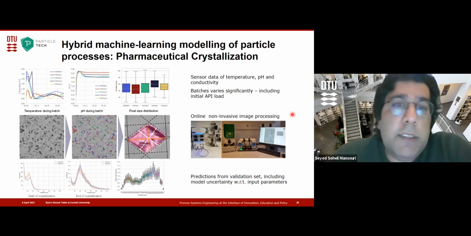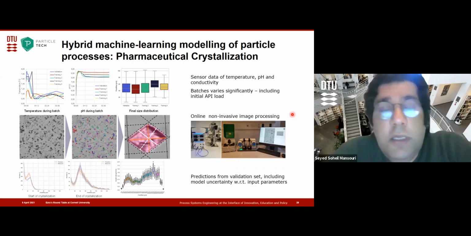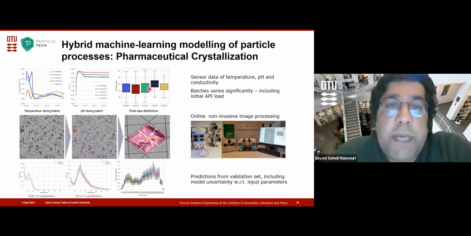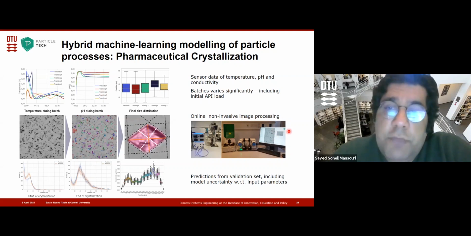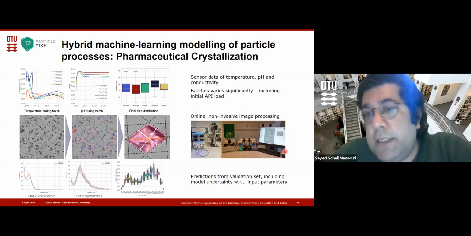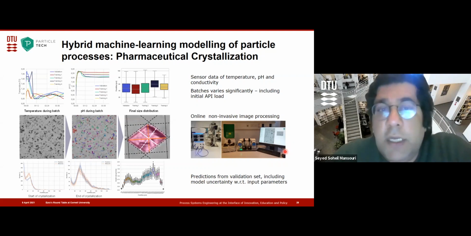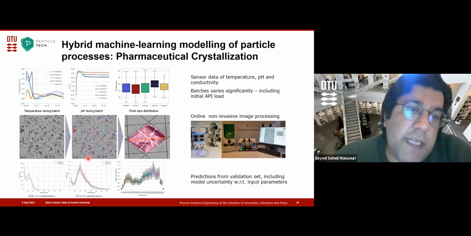This case was a full-scale industrial antibiotic crystallization for a major Danish company. As you can see here, the batches had very different properties. They also had very different conditions during the batch operation. So what we did here, we used a non-invasive measurement technology that is capable of providing online particle size distribution, and also image analysis using segmentation algorithms.